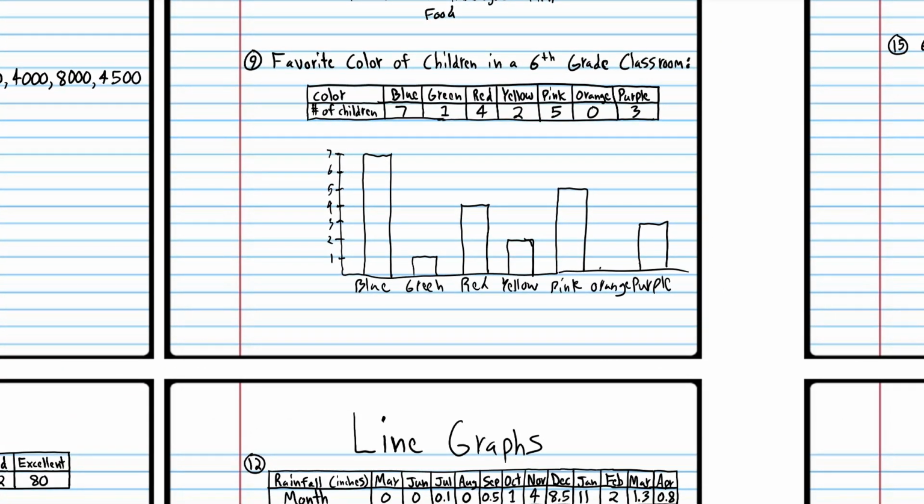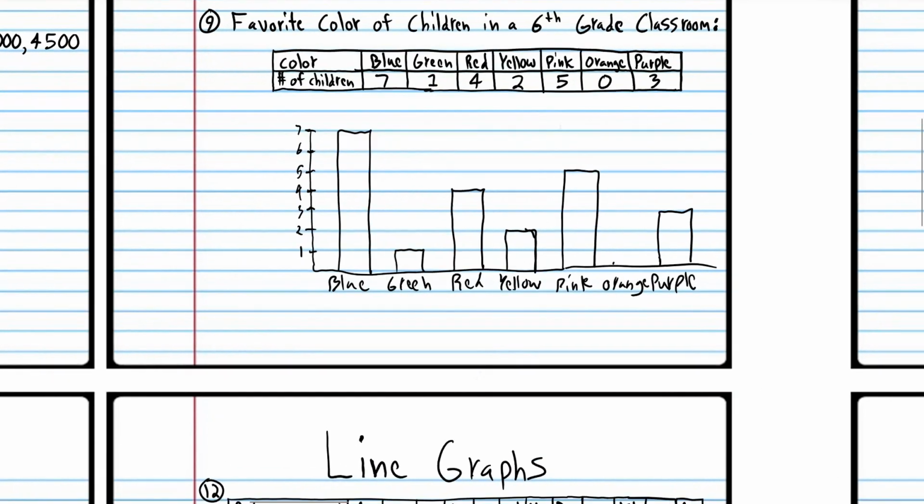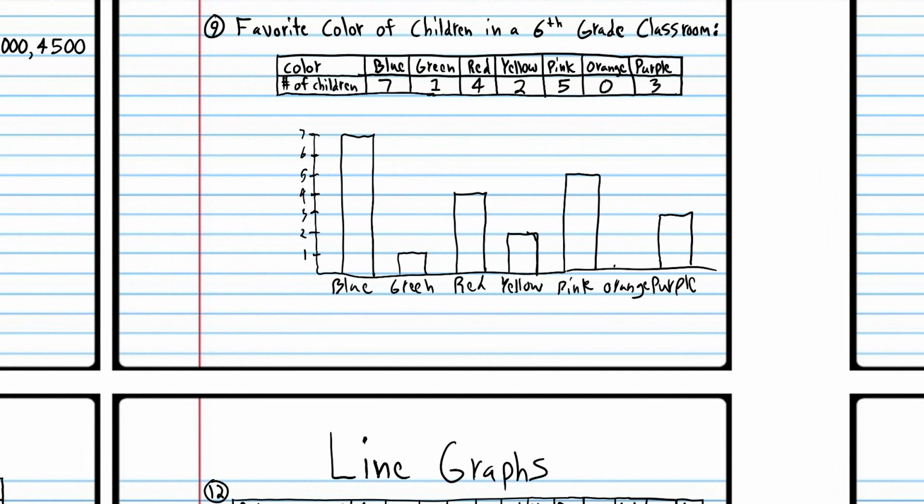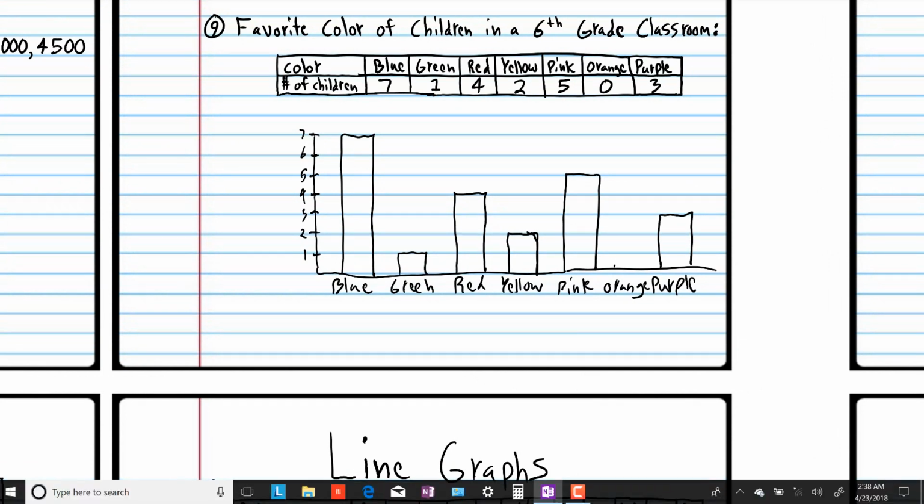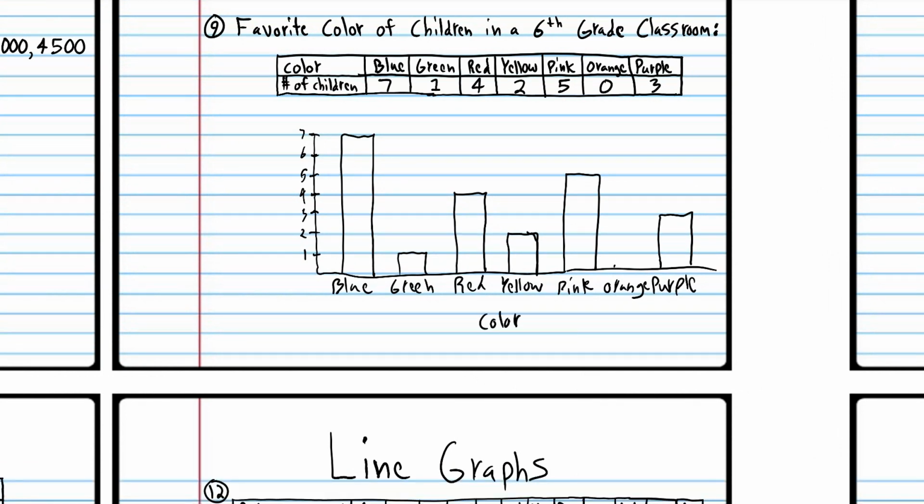So if you got that graph, good job, but you're not done yet. You would get points taken off unless we label the axes. We'll label that axis colors, and we'll label this axis number of children.